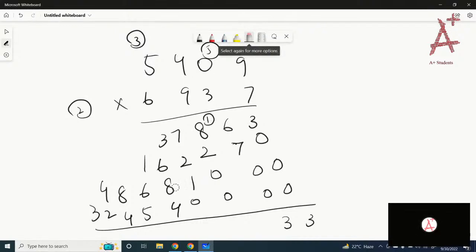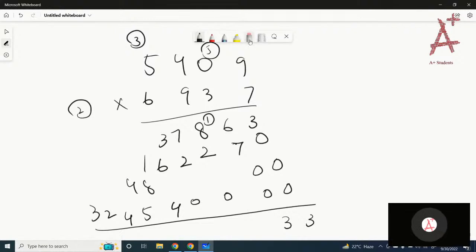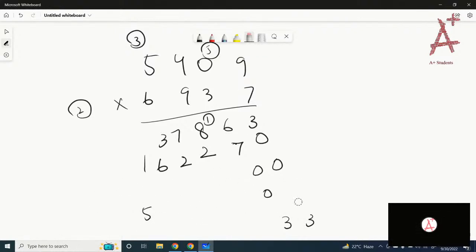I got my mistake. We're carrying the hundreds digit, so we have to start writing from here. Let's just multiply the numbers again. Sorry.